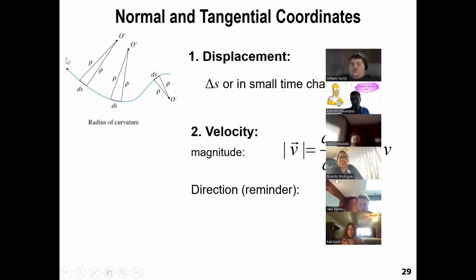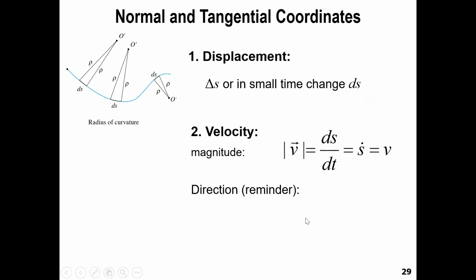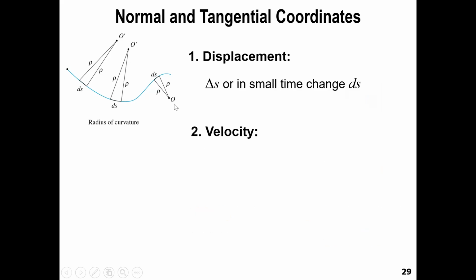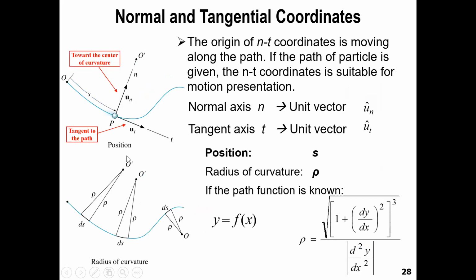How about the direction? What is the direction of velocity? Tangent to the curve, right? So now you see why this coordinate system is nice and makes life easy. Because velocity is tangent to the path, and going back to the previous slide, the tangent unit vector is also tangent to the path.